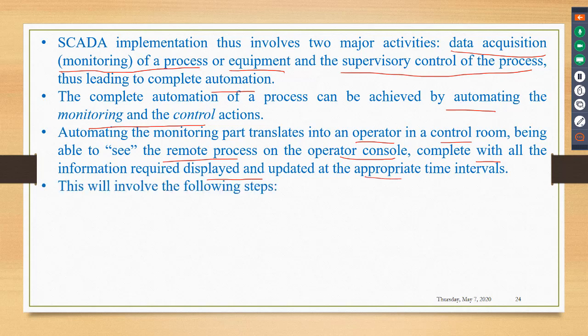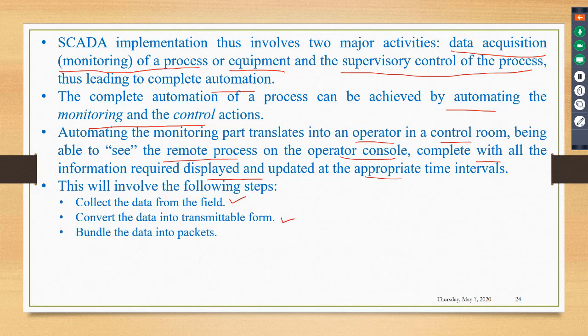This will involve the following steps. That means the monitoring part will involve the following steps. The first step is to collect the data from the field, and second is to convert the data into transmittable form. That means the data has to be sent through some communication channel, so we have to convert the data into transmittable form.